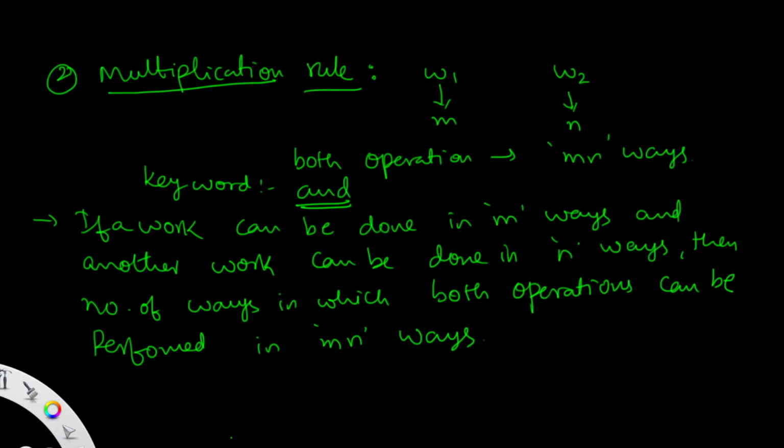Next, let us go to the general concepts. What is meant by permutation? Permutation means an arrangement of things, in simple terms.